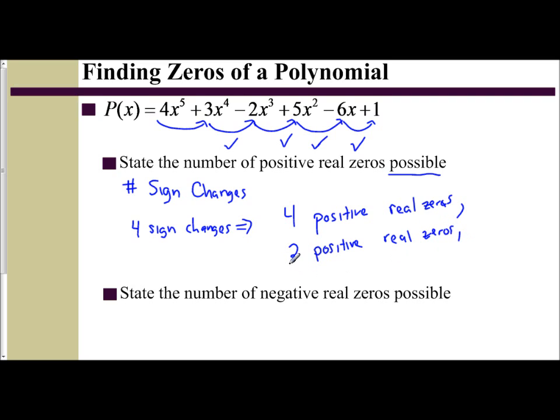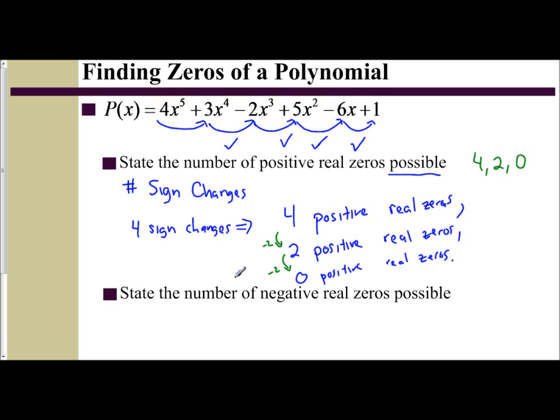Or continue down, you could have 0 positive real zeros. And that's what it means in Descartes' rule when it says same as the number of sign changes or less than this by an even number. We are subtracting 2 to figure out what our other possibilities are. So the possible number of positive real zeros are 4, 2, or 0.